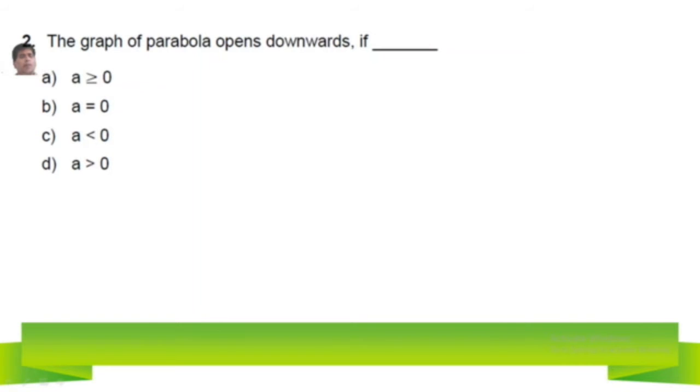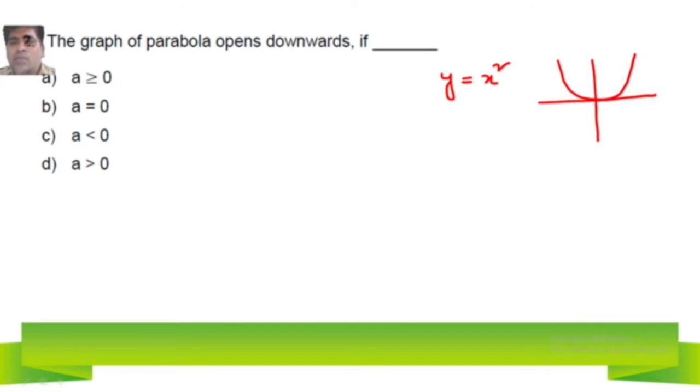The graph of a parabola opens downwards if dash. You might have observed in earlier classes y is equal to x square. This is a parabola. If you represent it graphically, y is equal to x square opens up like this. But in our question, the parabola opens down.